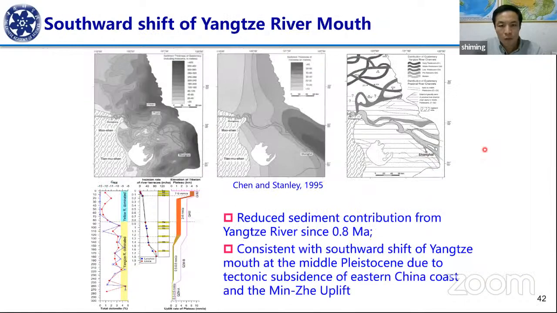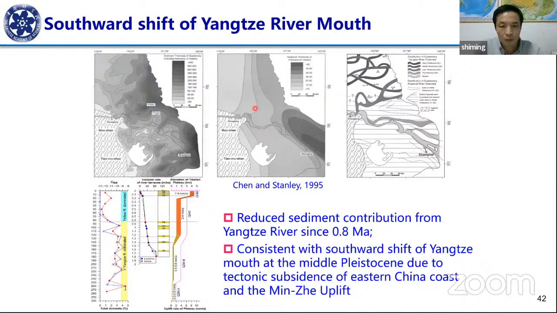Moreover, we also observed another interesting phenomenon: the reduced sediment contribution from the Yangtze River since around the Middle Pleistocene. This is consistent with the southward shift of the Yangtze River mouth at the Middle Pleistocene due to the tectonic subsidence of the eastern China coast and the Minzhe uplift.